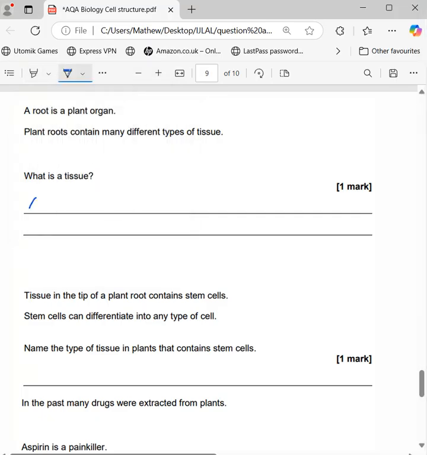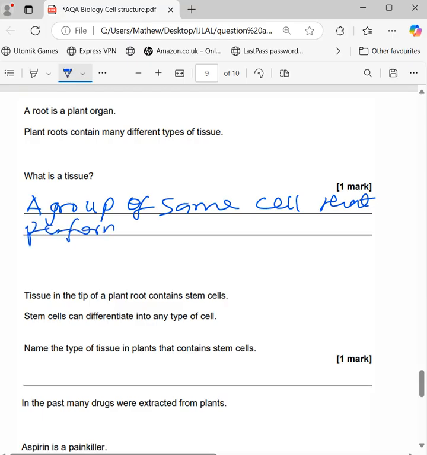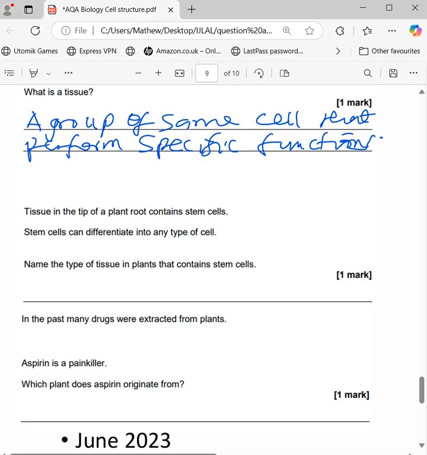So it's a group of same or similar cells that perform specific functions.